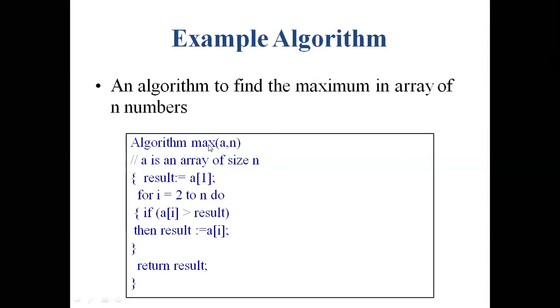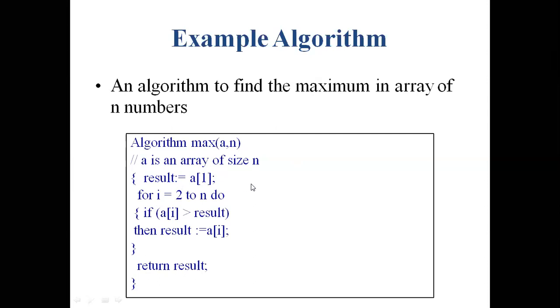So see here, in this algorithm, find the maximum in an array of n numbers. We give some array elements, then we have to find the maximum number in that array. See the algorithm here.